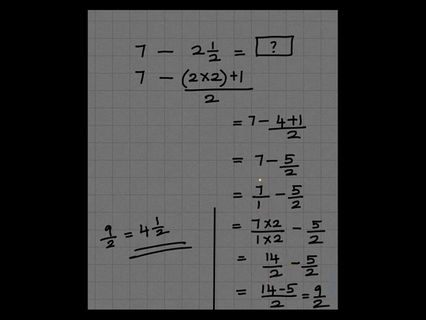Okay, so now let us subtract because there are like units in the denominator. 14 minus 5 is 9 and write the denominator as such. So 9 by 2 is the answer. How many 2s go in 9?